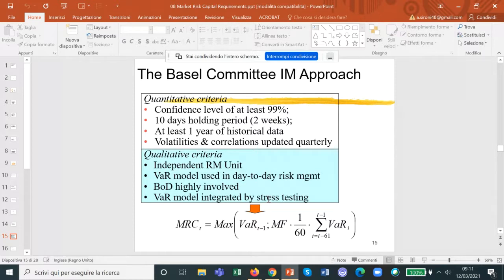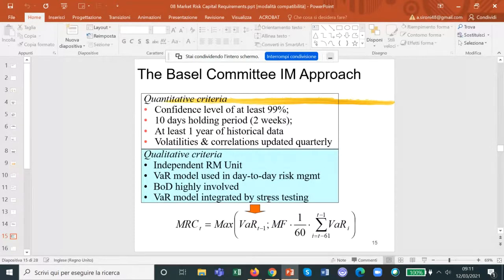Now, if you respect all these conditions, how much capital do you need? The minimum required capital, what you see here, would be equal to the larger between the value at risk of t minus 1, so the value at risk of the previous day, and the average value at risk of the last 60 days.